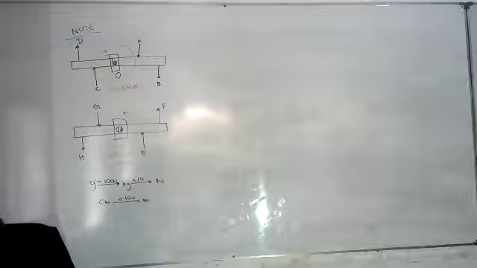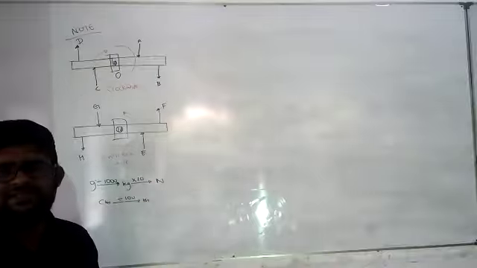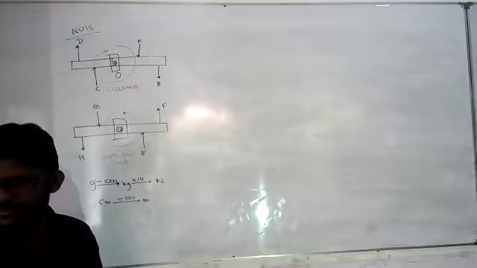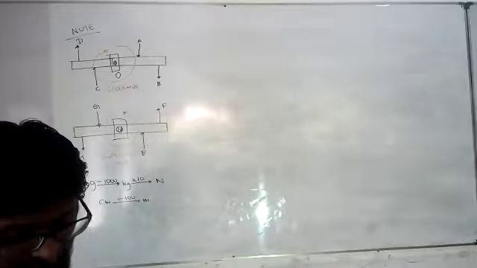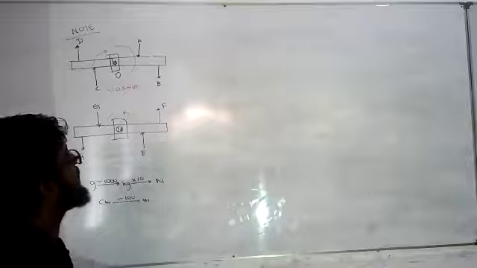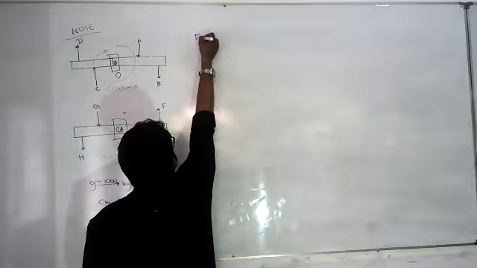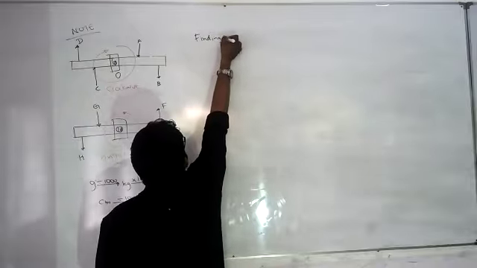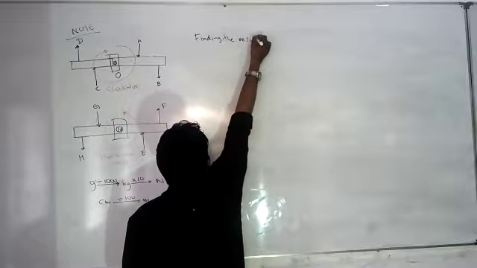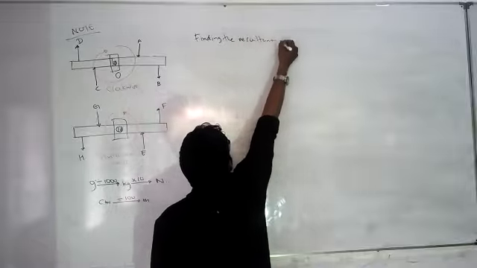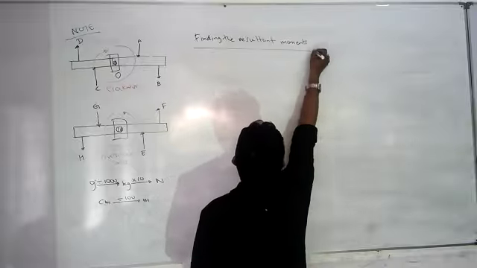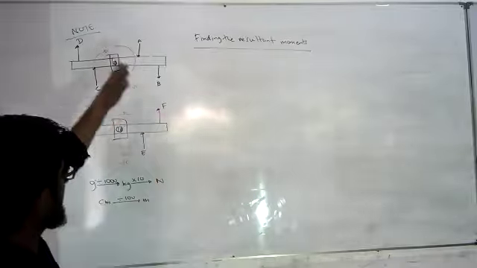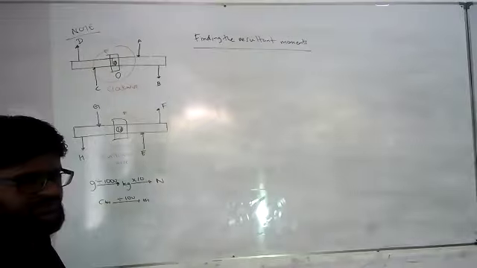So now, next we move into another type of calculation. Okay, what's that? The calculation goes up with finding the resultant. Let's put the topic in your writing book. Finding the resultant moment. Same directions we are going to use.